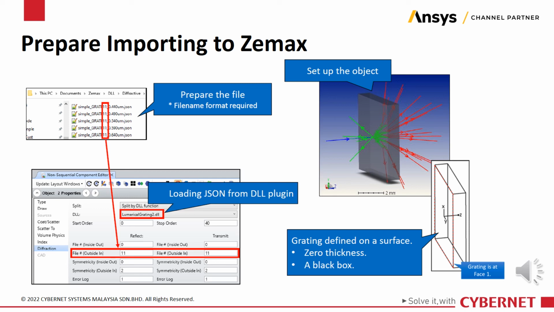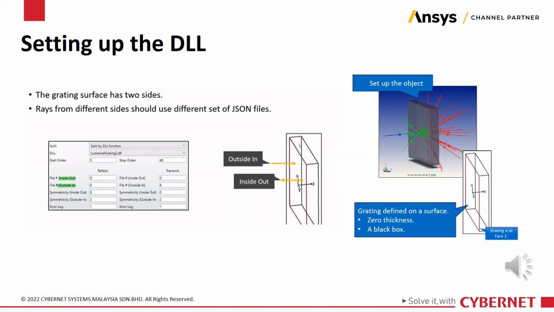Zemax has some requirements for grating JSON files, such as naming rules, directory paths, etc. Grating in Zemax needs to be set on the surface of an object, because grating simulations are time-consuming in wave optic simulations, and greatly increase the number of rays in geometric optic simulations. So, the incident light from different size fields is split into two files, in order to simplify the model depending on the situation.